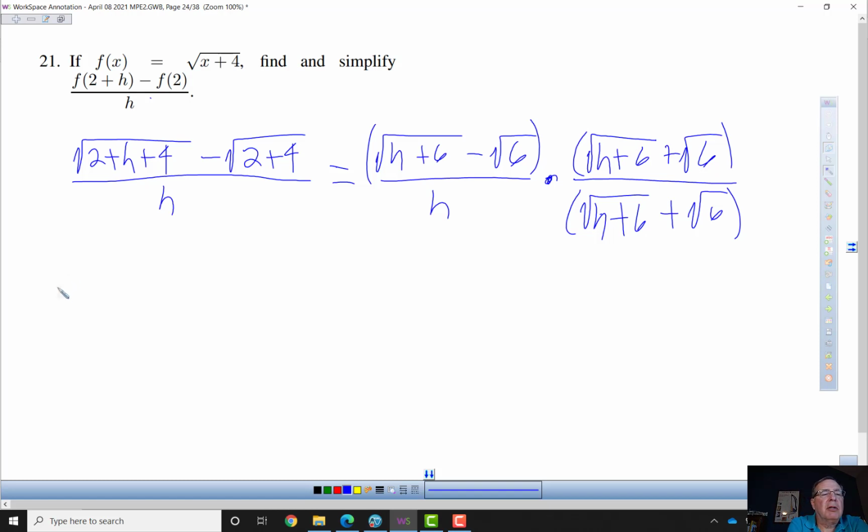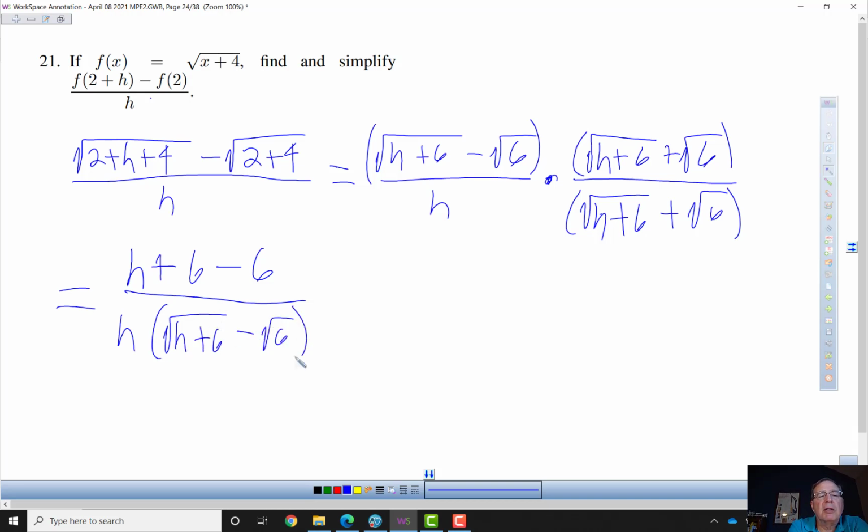So in the numerator, I'm going to get the square root of h plus 6 squared, which is just h plus 6, and then minus the square root of 6 squared, which is 6. And then in the denominator, we're going to have to keep everything, so the square root of h plus 6 minus the square root of 6. And then, of course, 6 minus 6 is 0.